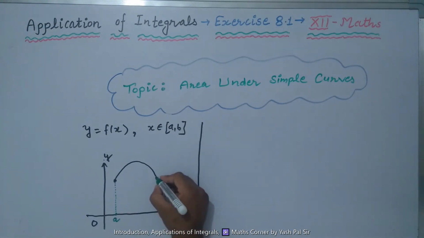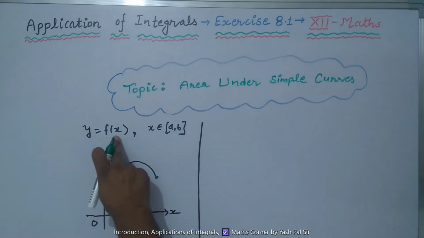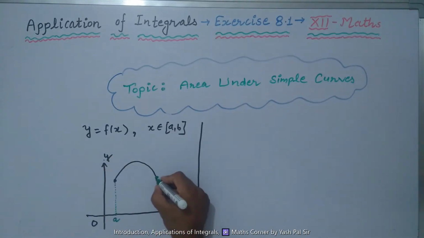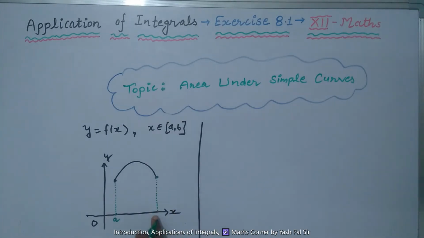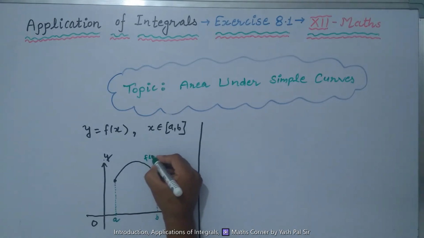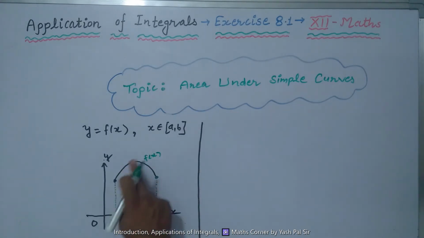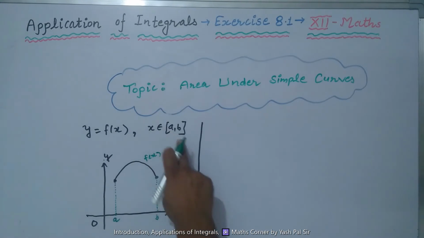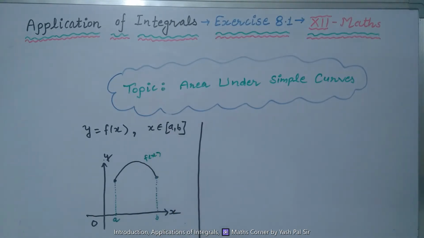Similarly, from the terminal point of the given function f of x, we draw another perpendicular on the x-axis, and suppose this distance from the origin is b. So this function f of x is well defined for x belonging to the closed interval a to b.